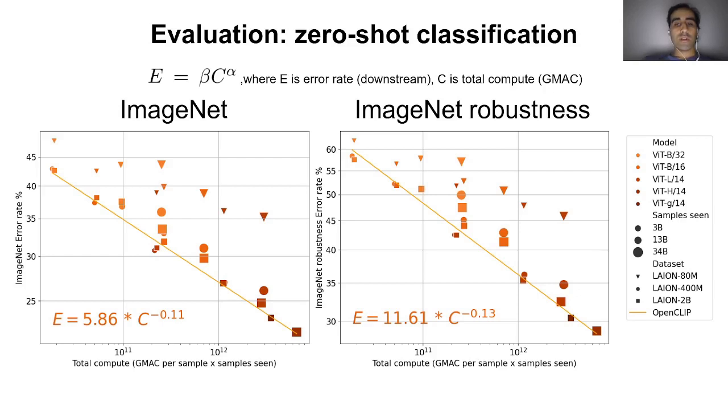We see here also the scaling coefficients, which are quite similar between ImageNet and the ImageNet robustness tasks, which shows that improvements on ImageNet are accompanied by improvements on related robustness tasks as well.